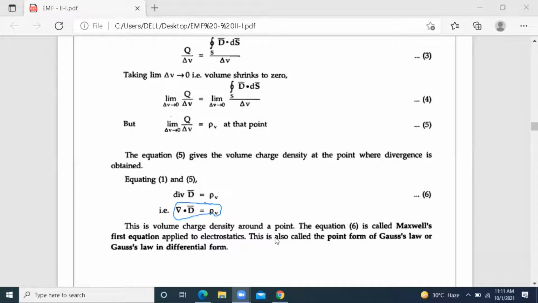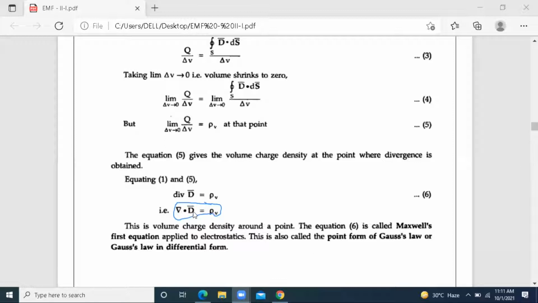Sir, is that a bar above the V, or is that like an arrow? Oh, no, sorry, it's a triangle, my bad, sir. It is del dot D. This is your symbol for del.